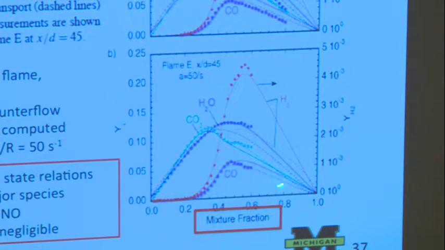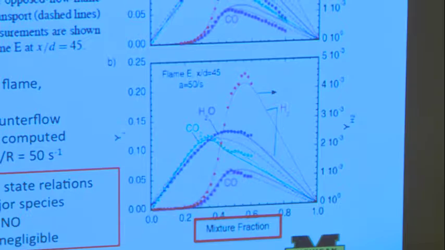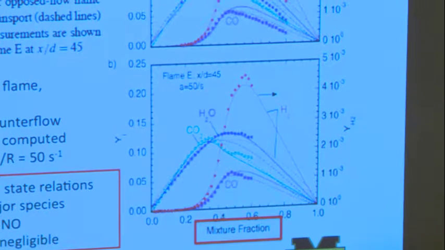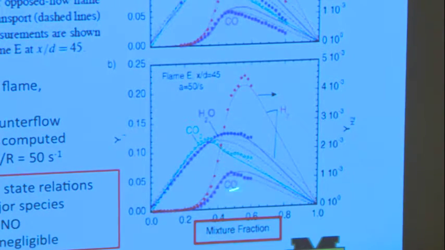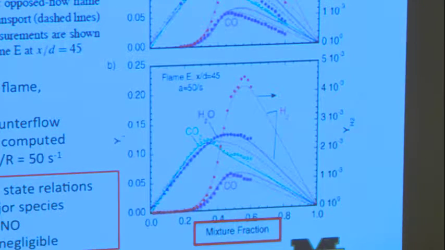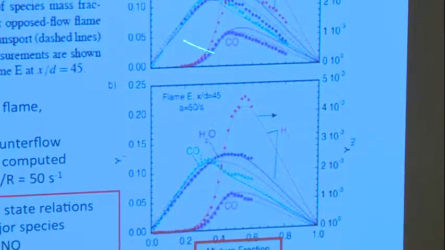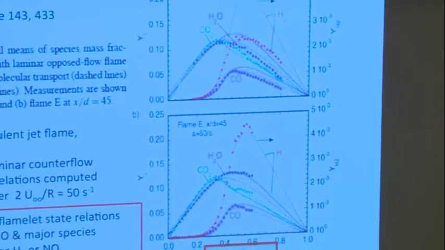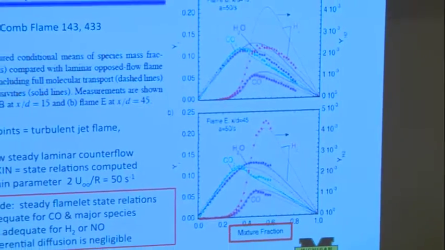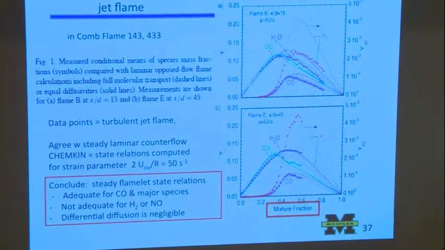I'm not really sure what these solid lines are. I'll have to go back and look at the paper. Anyway, this is the experimental data, the dots, and he's showing very good profiles and very nice information of all these different species. And it's been carefully duplicated at other places such as Darmstadt so that you know that it's done right.